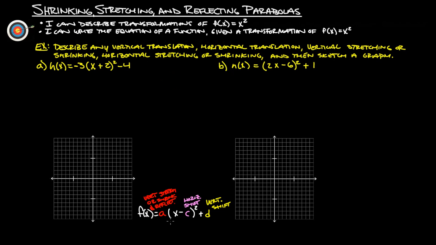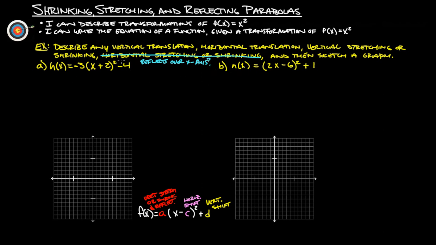I left the b part off because, again, we're not going to deal with that just yet. We're going to get rid of the horizontal part, and what we should put in place of it is whether it reflects over the x-axis or not.